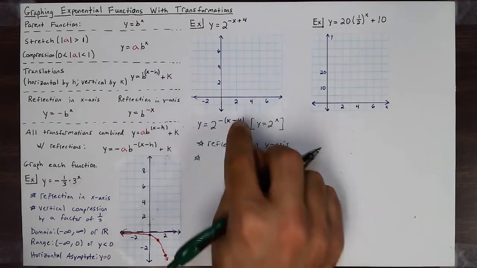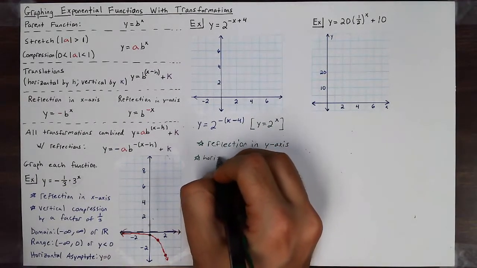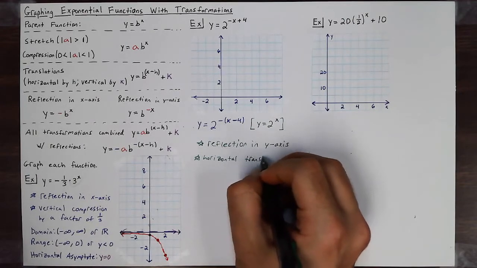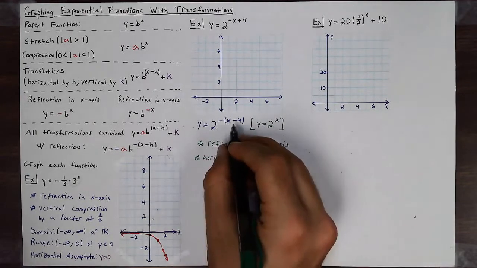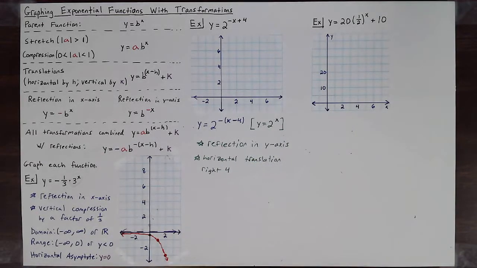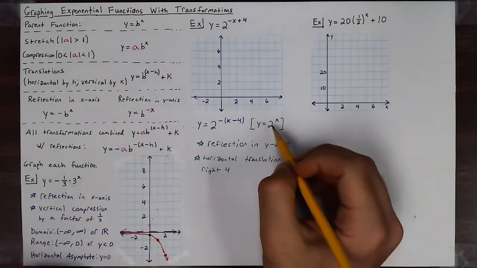And I see a horizontal translation right 4. But let's start off by just graphing y is equal to 2 to the x.